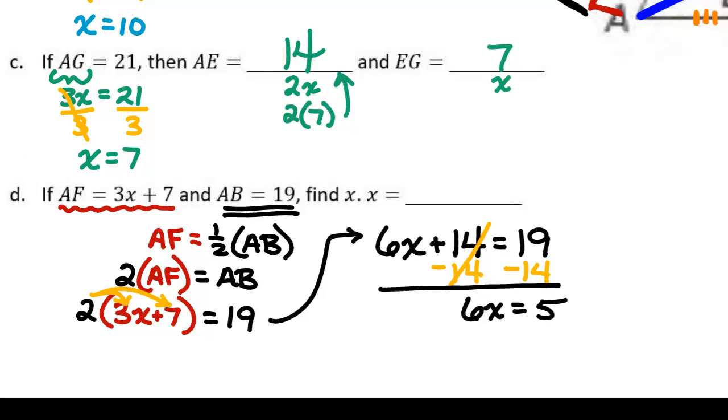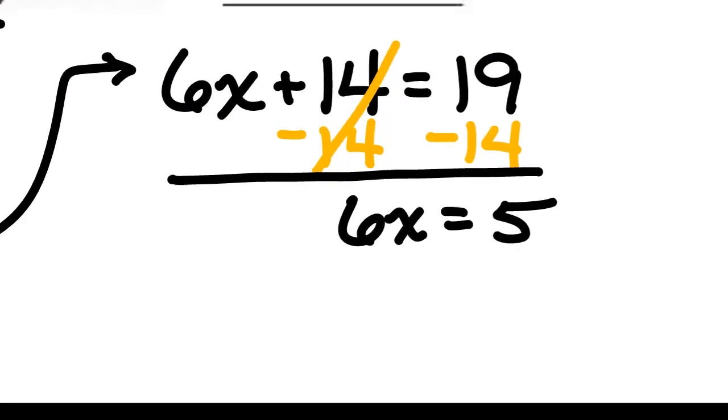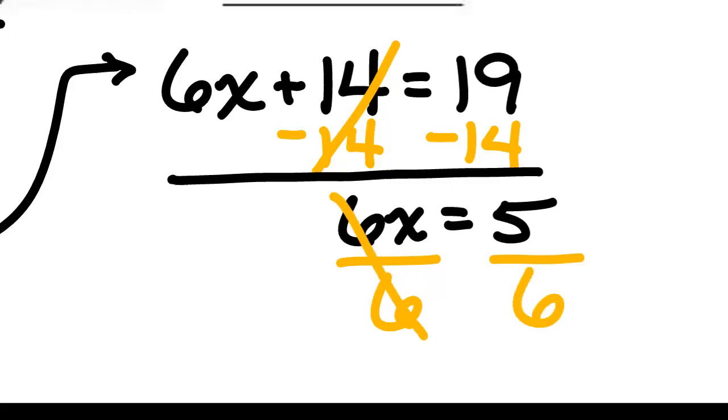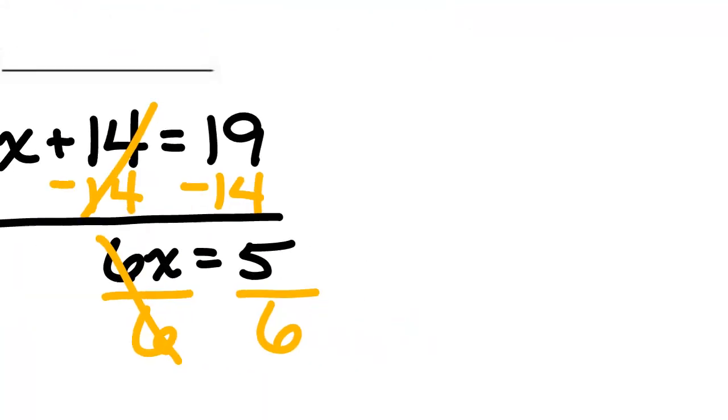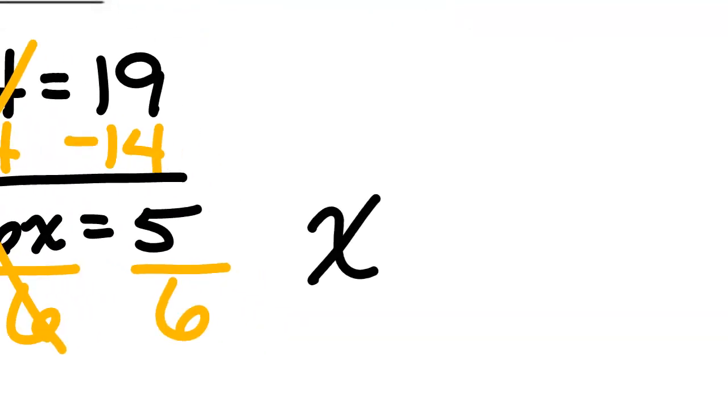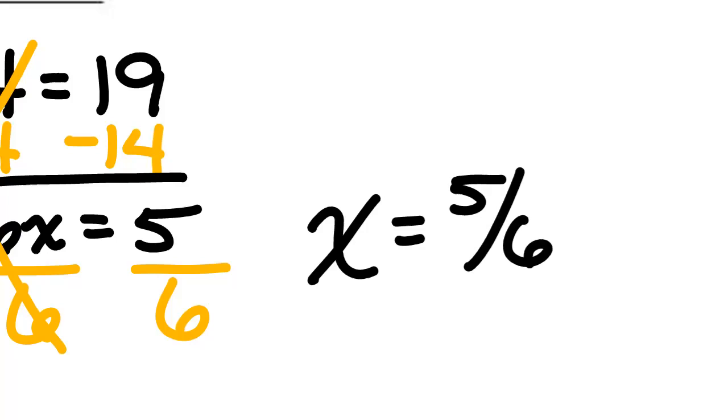What do I need to do now to get x all by itself? Divide by 6, so that I can make the 6 next to the x cancel out. When I do 5 divided by 6 on my calculator, does it come out as a whole number? No. So I'm either going to leave it as a fraction, 5/6, which, by the way, is my preference. This is the way I would prefer you write it on the test. If it doesn't come out to be a whole number, leave it as a fraction.